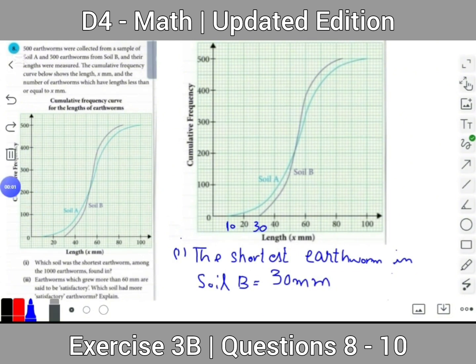So we have found the shortest earthworm in both soil A and soil B. The shortest earthworm in soil A was 10 millimeters in length, and the shortest earthworm in soil B was 30 millimeters.